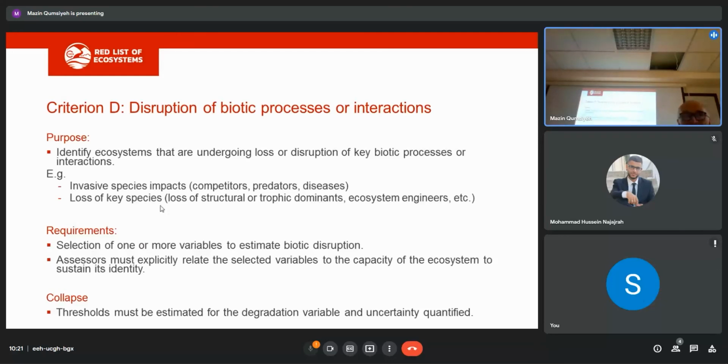But to apply that, you have to really understand what the key species are for the functioning of the ecosystem. If one key species disappears in an ecosystem, that doesn't always mean that the ecosystem will collapse. It will not. It depends on the importance of the species. That's why it's very important to understand how it functions. You know?